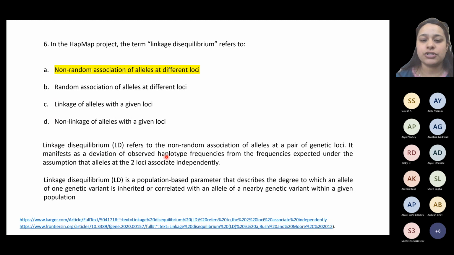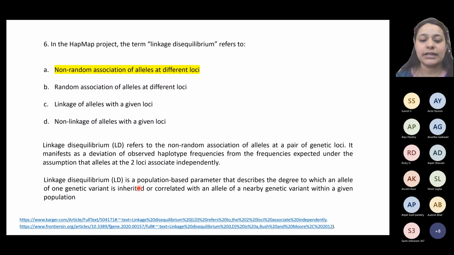So LD refers to non-random association of alleles at a pair of genetic loci. It manifests as a deviation of observed haplotype frequencies from the frequencies expected under the assumption that alleles at two loci associate independently, right?